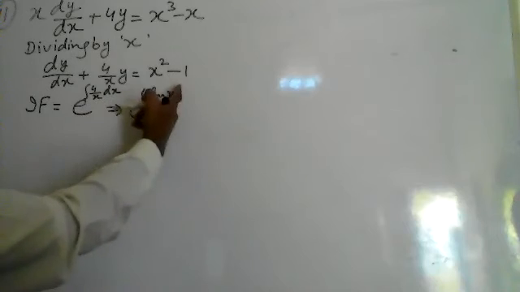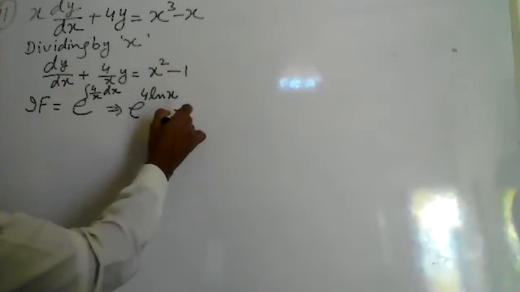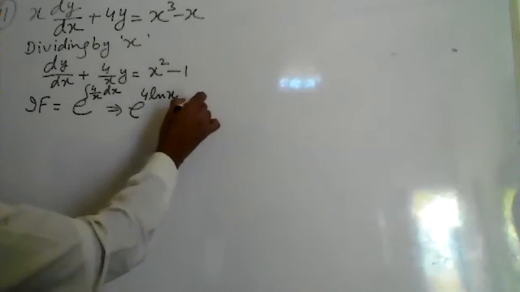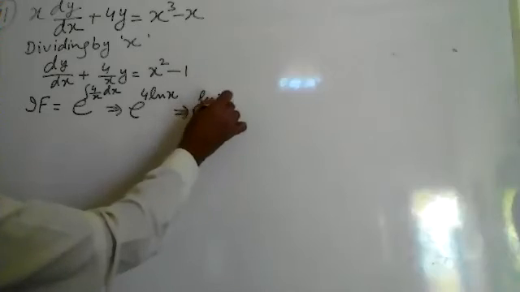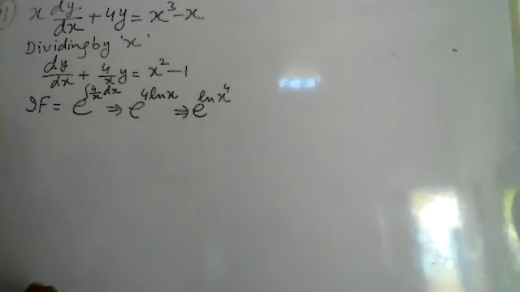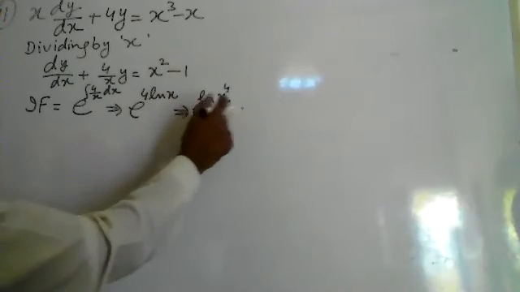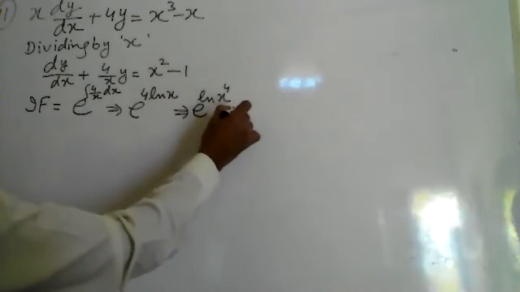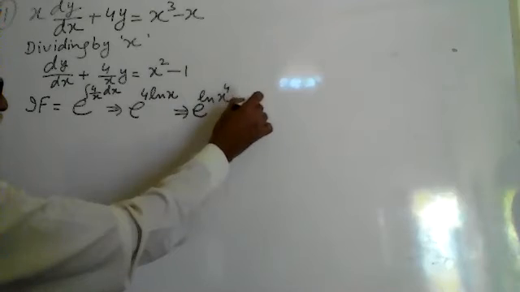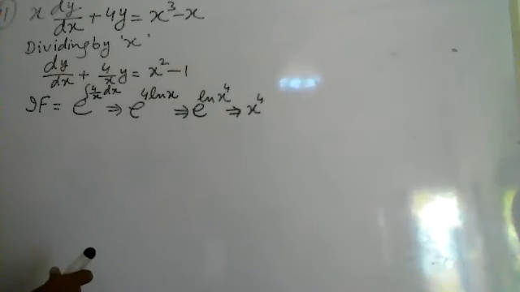The 4 will be shifted on x as a power. It becomes e raised to power ln x⁴. ln and e cancel, so it becomes x⁴.